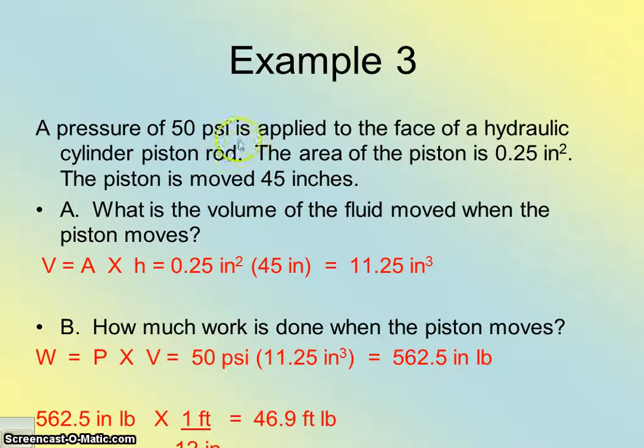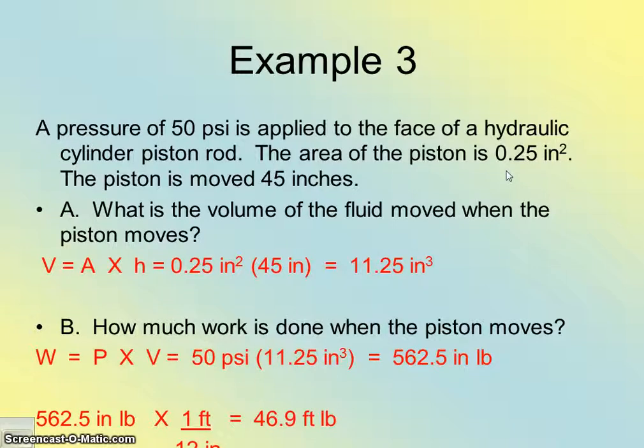You have a pressure of 50 psi applied to a face of a hydraulic cylinder piston rod. The area of the piston is 0.25 square inches. The piston moves 45 inches. Now the key thing here is when you are finding the volume of the piston, it is a cylinder. What they're telling you is the area of the end, or what they call the head of the piston. It is the end. It's the circular piece.